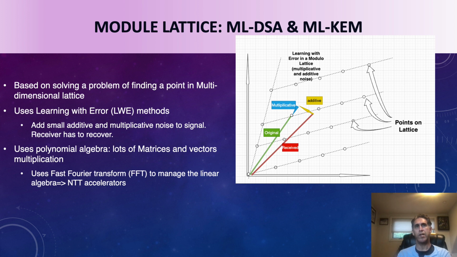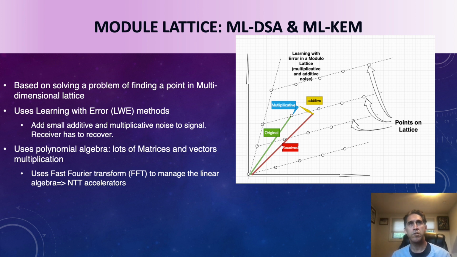These are sort of random noise, and you send this over to your recipient. When the recipient receives it, they need to take off this and this to arrive at the original message. A lot of this is sampling, drawing random numbers and making sure these random numbers have certain properties.